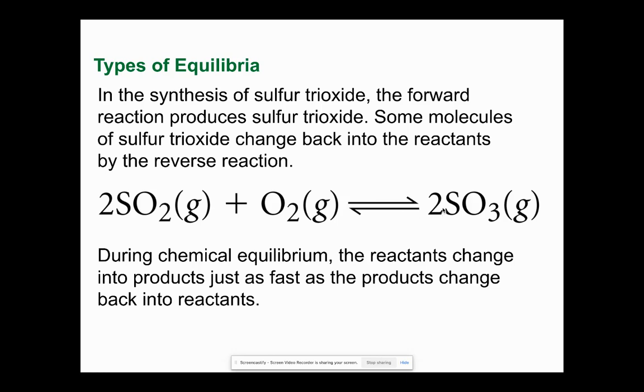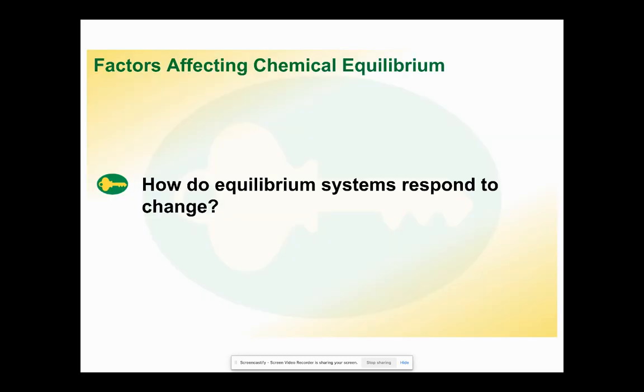And they change into two molecules of sulfur trioxide. There's three oxygens here, right? But some of these sulfur trioxides change back into sulfur dioxide plus O2. During the chemical equilibrium, the reactants change into products just as fast as they change back into reactants. So they go back and forth.